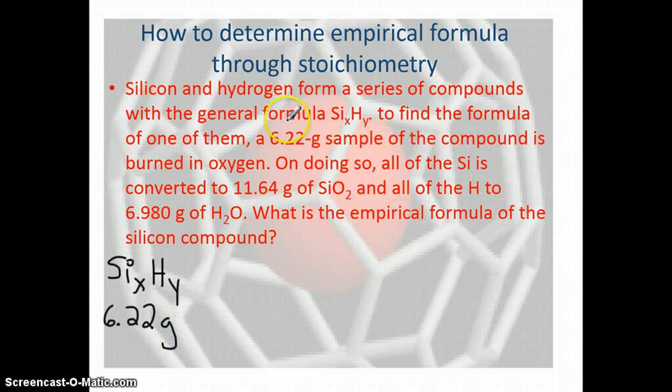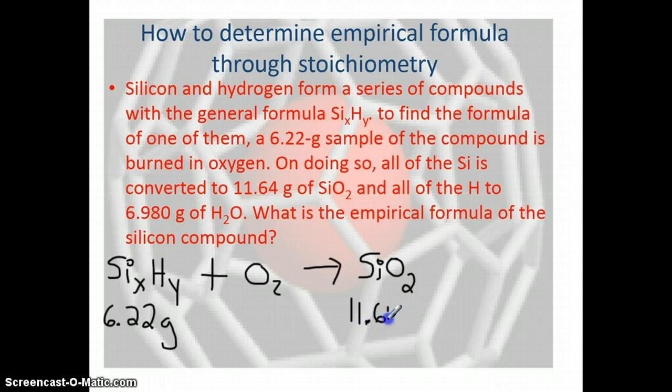All right, and then it tells us that we burn it in oxygen. So we react it with oxygen, and we're going to need to write a balanced chemical equation here. O2 is the formula for oxygen. And it tells us that when we do this, all of the Si is converted into SiO2, which is 11.64 grams.